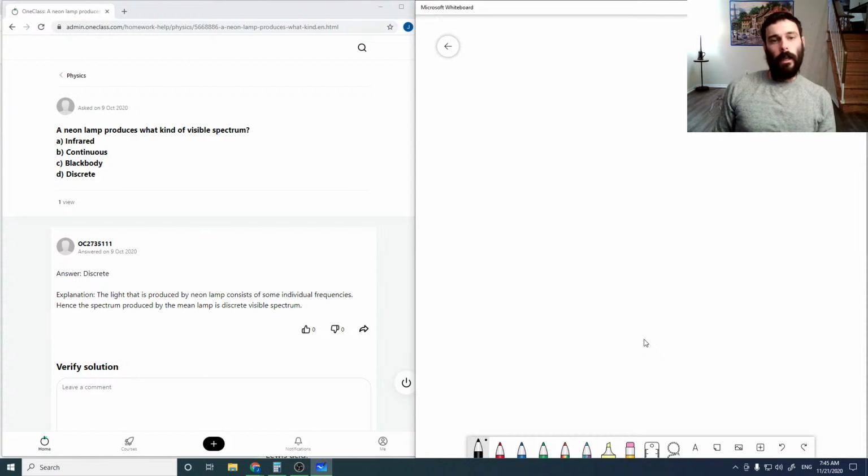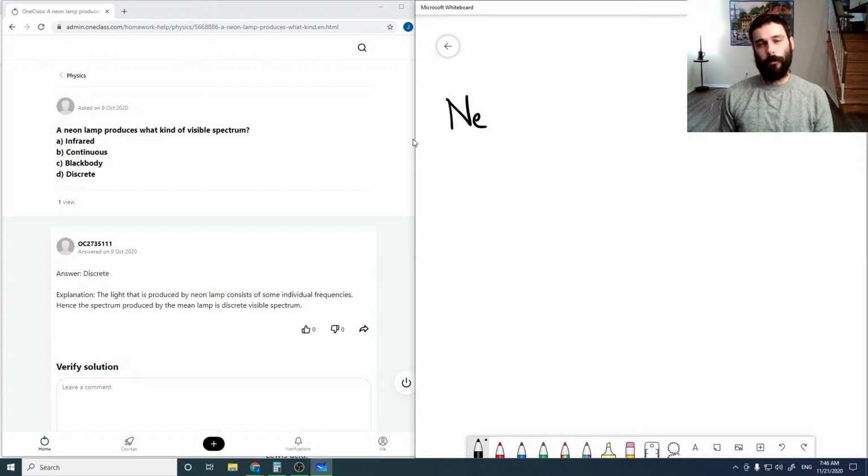Okay, so a neon lamp. Neon is an element in the periodic table. So it's a pure element. That means that a neon lamp is going to be, and for the most part, actually no visible spectra are going to be continuous. The appearance of continuity is just the lines being really close together.